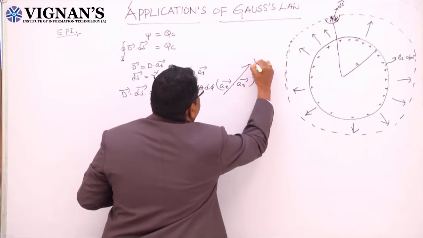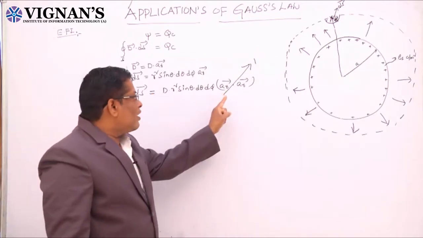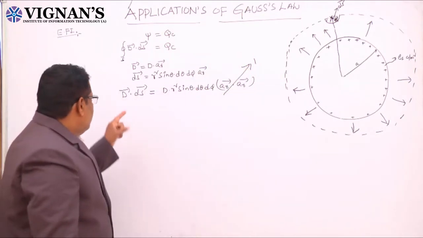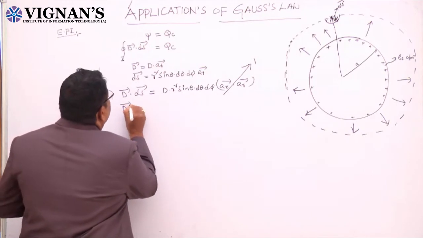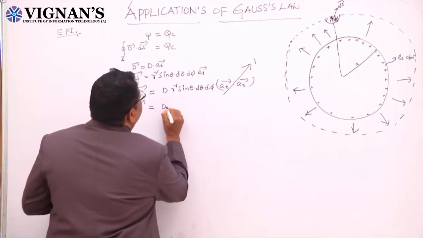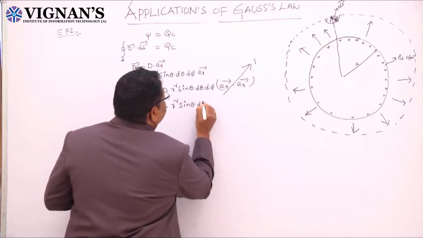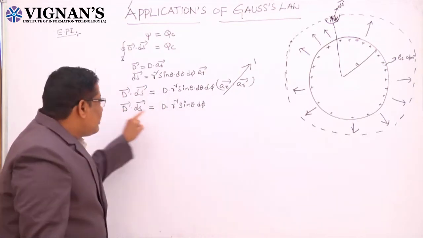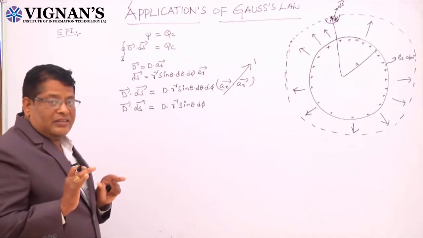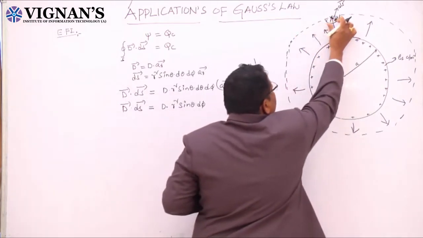This value becomes 1, because the dot product of the same unit vector becomes 1 in any coordinate system. Now D bar dot ds bar equals D into r square sin theta d theta d phi. Now we are integrating throughout the surface. This is nothing but a differential flux, the flux coming only from this area.